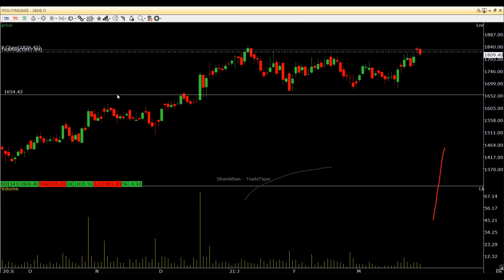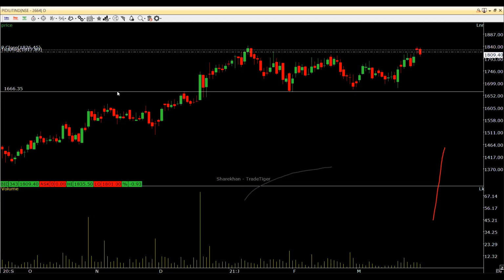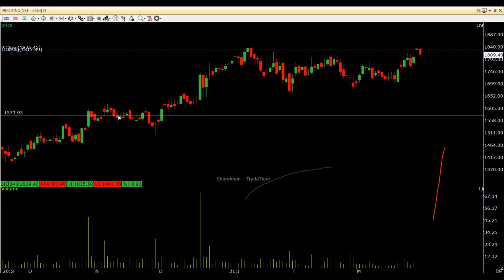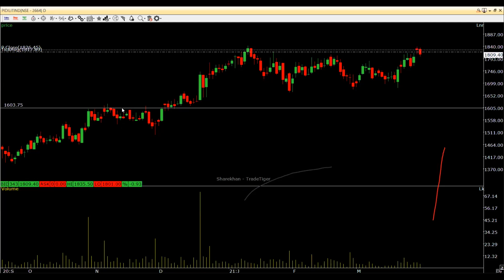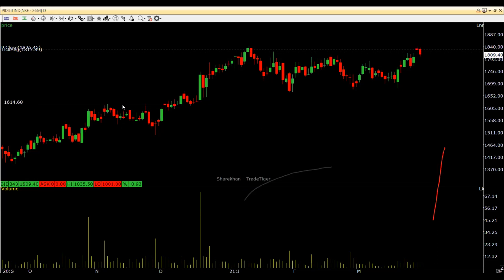I would buy it here. This is a weak buy zone. And this is a strong buy zone. This green candle, the base of that is a very, very good buy zone. So I would buy it here.